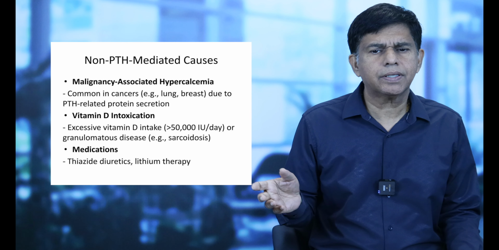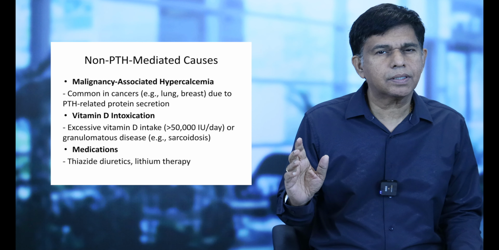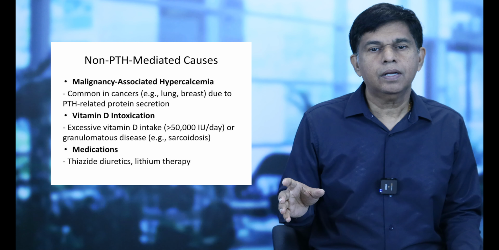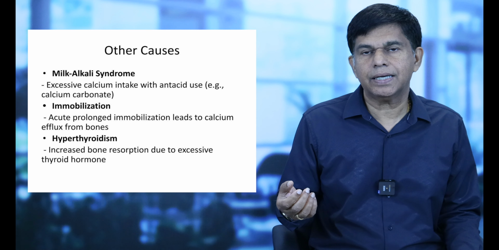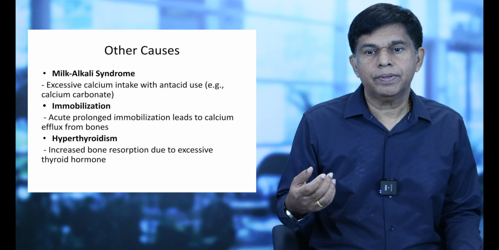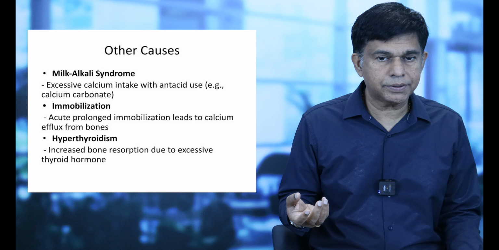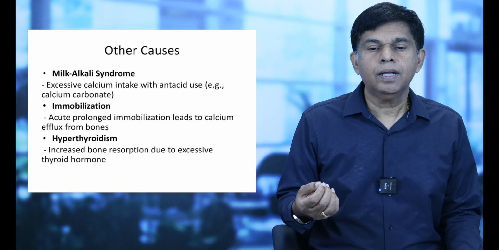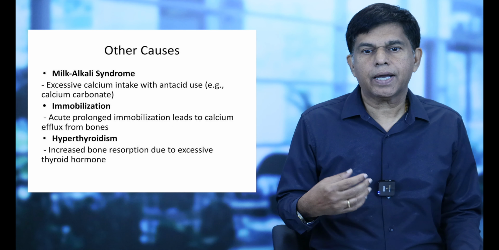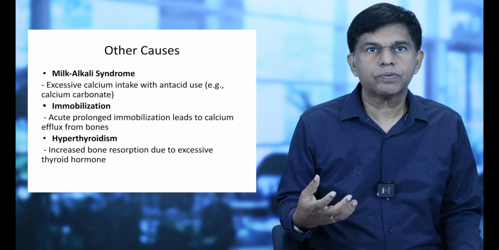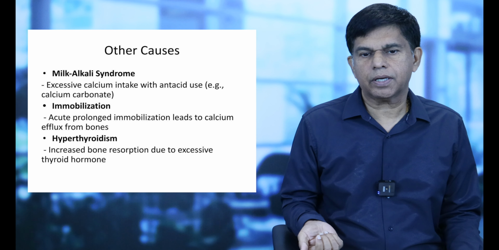Medication: thiazide diuretic and lithium therapy. Thiazide diuretic, a lot of people take for blood pressure. Other causes: milk alkali syndrome, excessive calcium use. Where does this come from? Antacid. You get a lot of calcium carbonate. Immobilization: prolonged immobilization leads to calcium efflux from the bones, and hyperthyroidism, increased bone resorption due to excessive thyroid hormone.